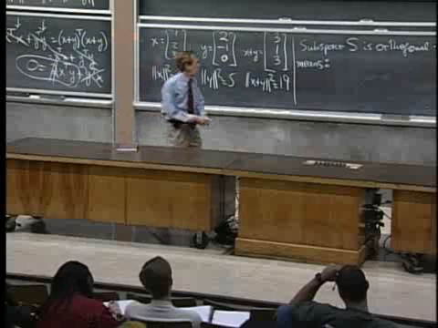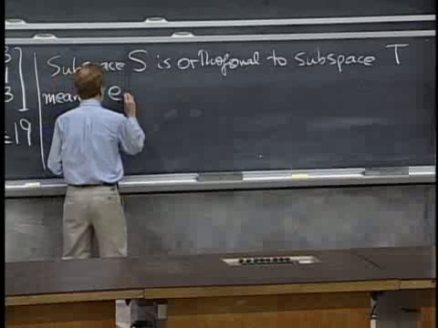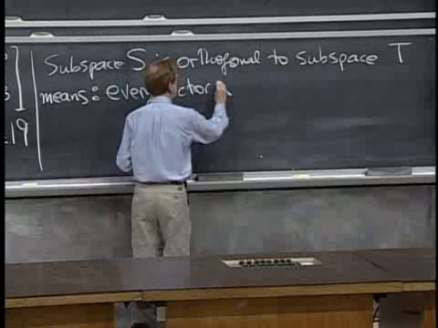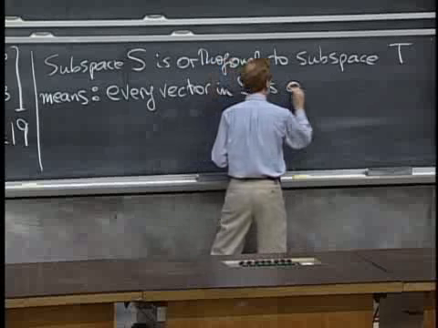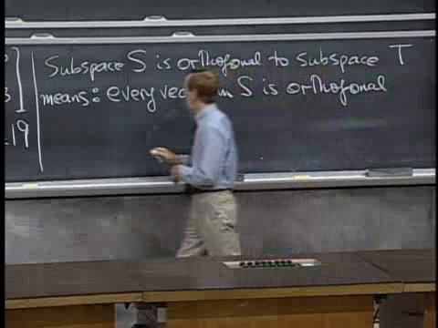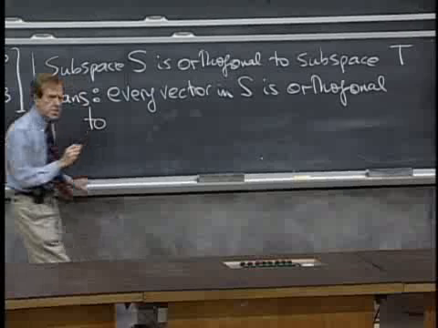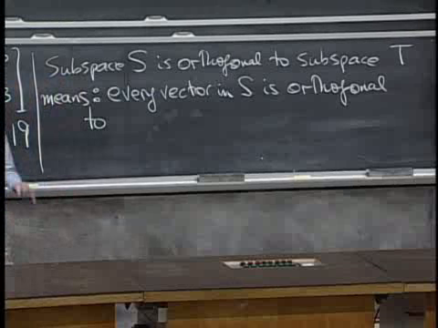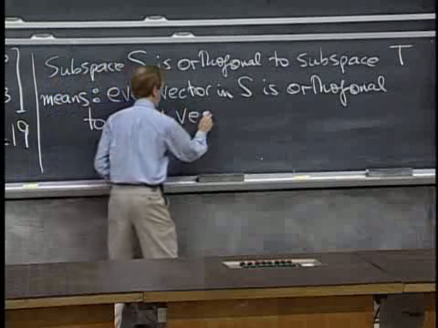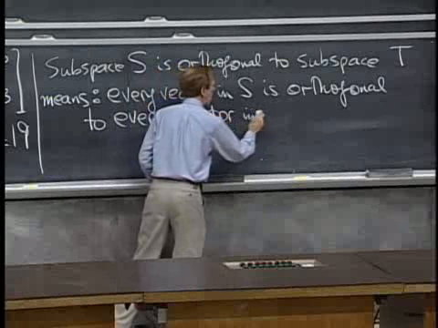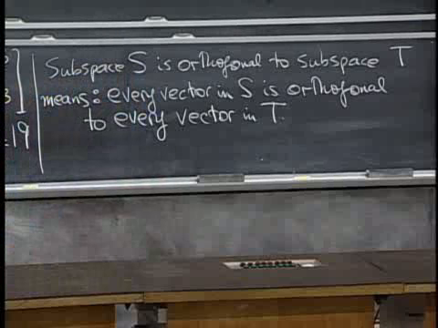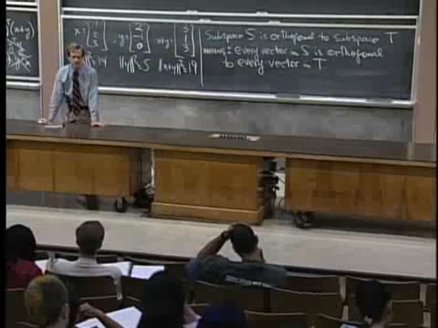It means that every vector in S is orthogonal to every vector in T. That's a reasonable, and it's the right definition for two subspaces to be orthogonal.